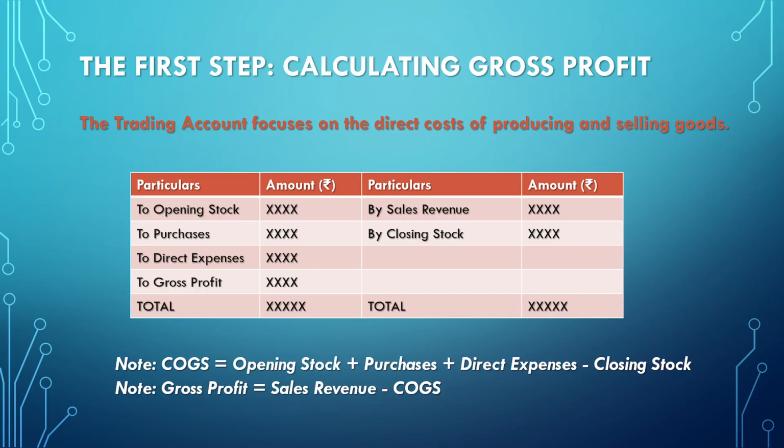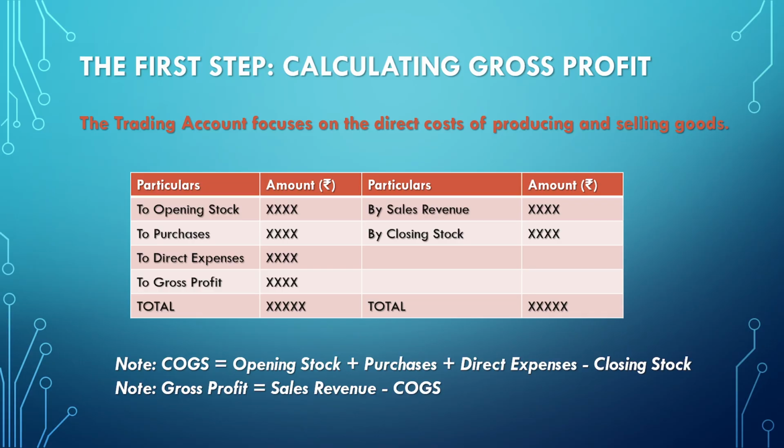Okay, just take a look at the trading account once. What do we have there? On the debit side, we have opening stock, the present stock. Then whatever we have purchased: if it is a manufacturing company, the raw materials; if it is a trading company, the finished goods purchased will be taken here.